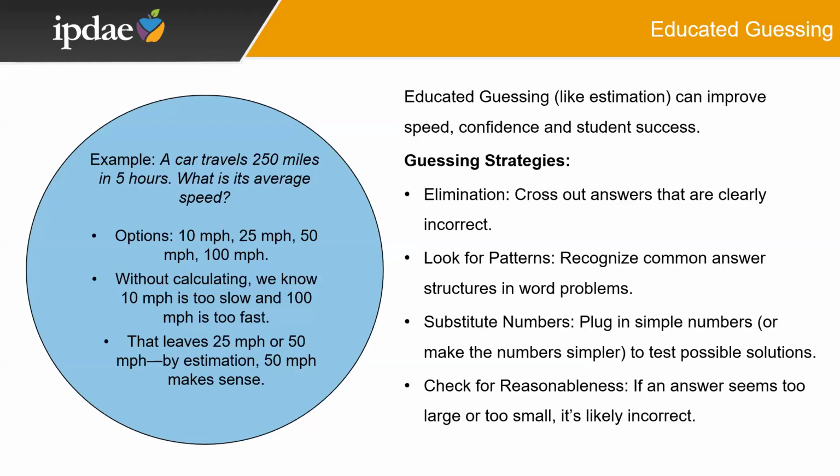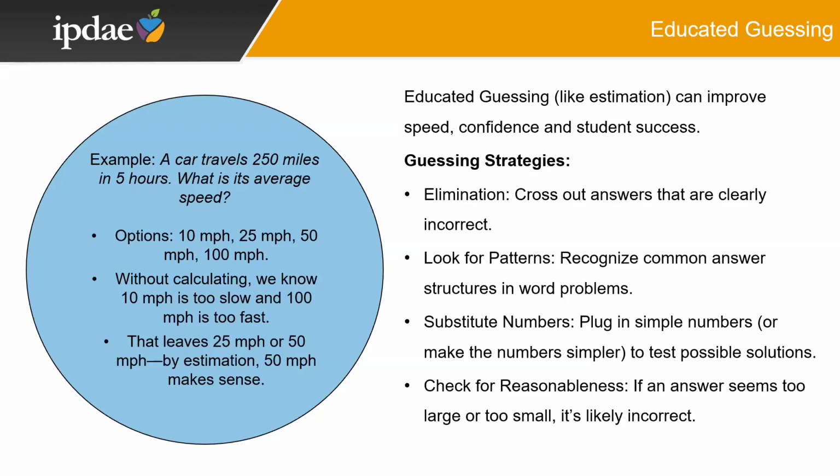Another thing, you can substitute numbers, plug in simpler numbers, or make your numbers simpler. So sometimes that might mean chopping zeros off of something, right? If I've had 2,500 miles in 50 hours, I could get rid of some zeros and still have the correct proportions to work out the problem properly, right?